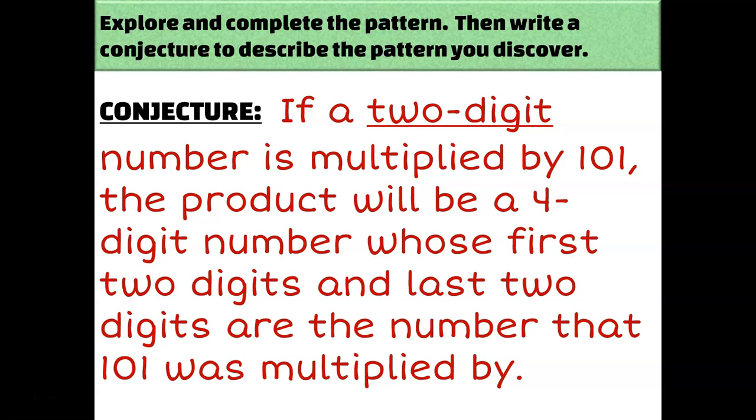That part stayed the same. All that we changed was that the number that you're multiplying 101 by has to be 2 digits. It has to be like the numbers that we first explored. If you multiply by something that's 3 digits or 1 digit or 10 digits, it's not going to work anymore. This is the kind of conjecture that you should strive to write because you can't provide a counterexample for it.